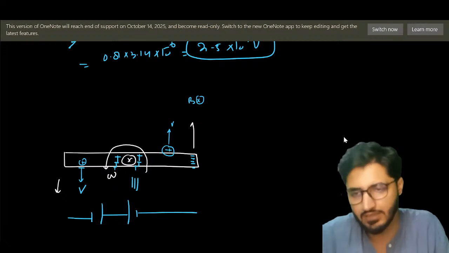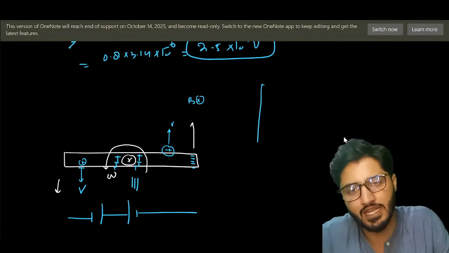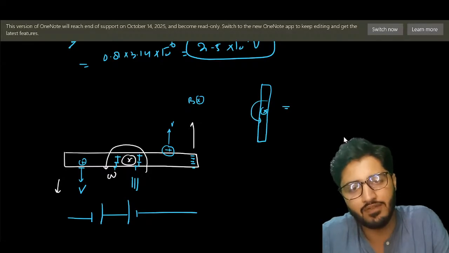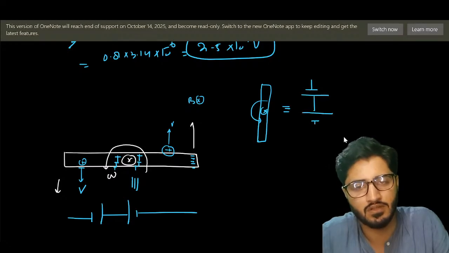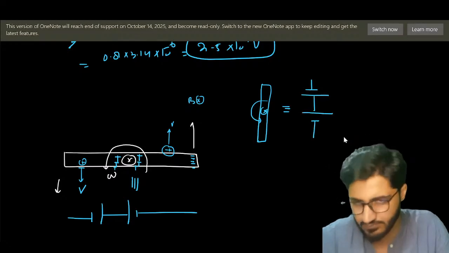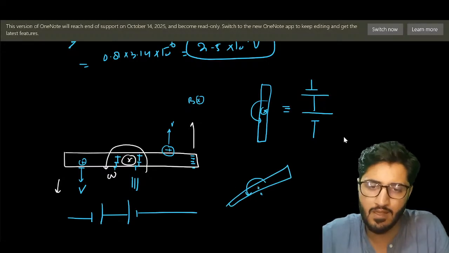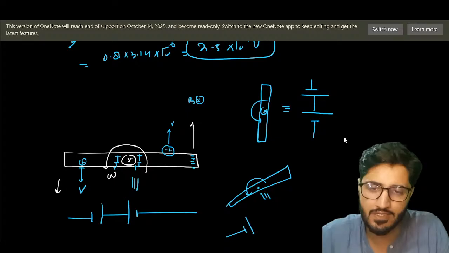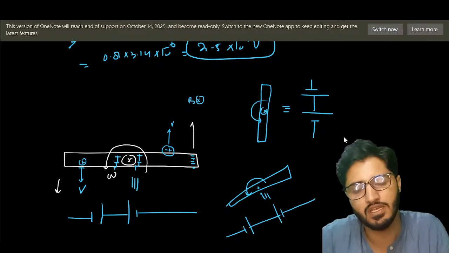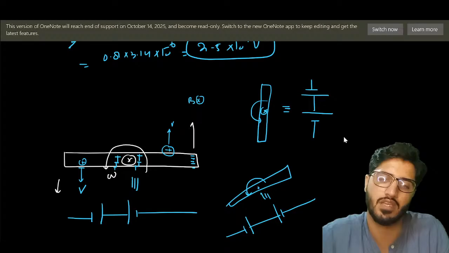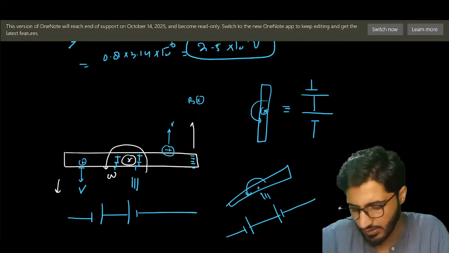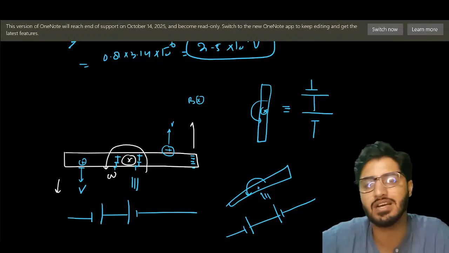I can make one more rod like this, hinged here, and it will rotate like this. One more rod is like this. Now you can see these are overlapping.